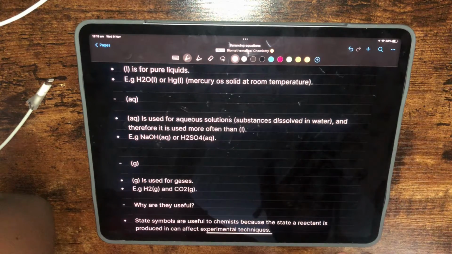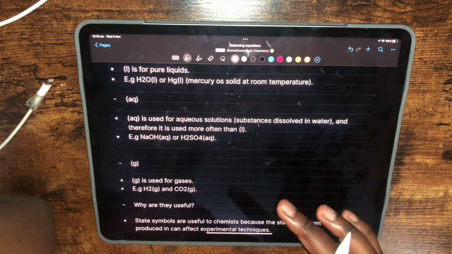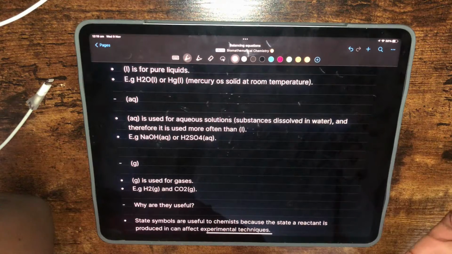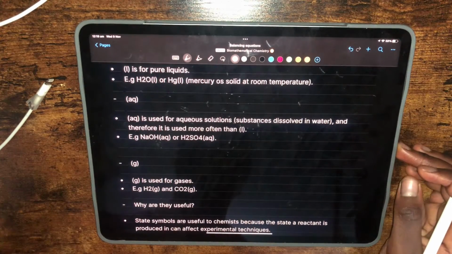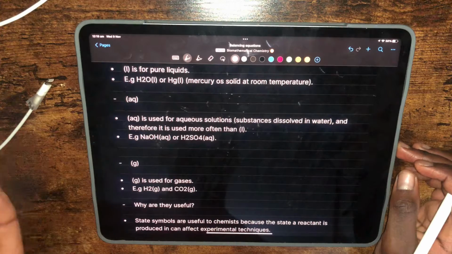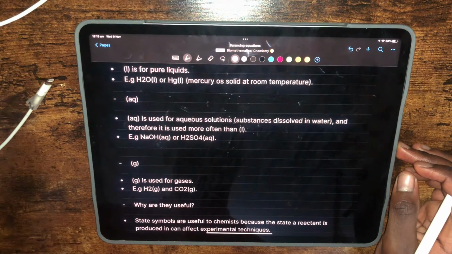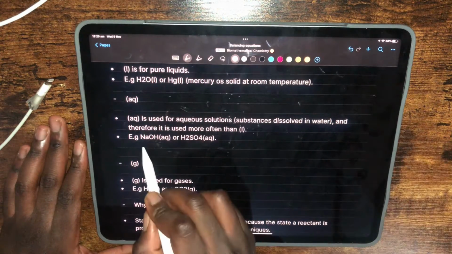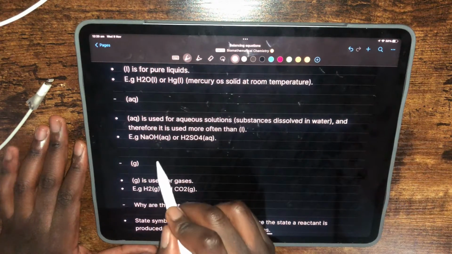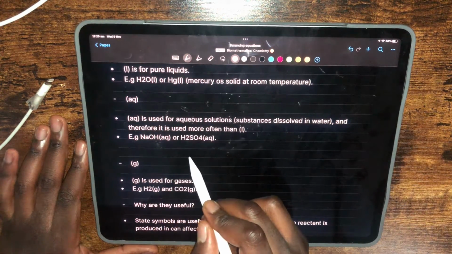So if it's not a pure liquid or solid, or something has been dissolved in a solvent, that is an aqueous solution, and therefore it's used more often than liquid. You never really get much pure liquid in chemistry. You're more likely to get aqueous compounds, right? Can you get sodium hydroxide by itself?